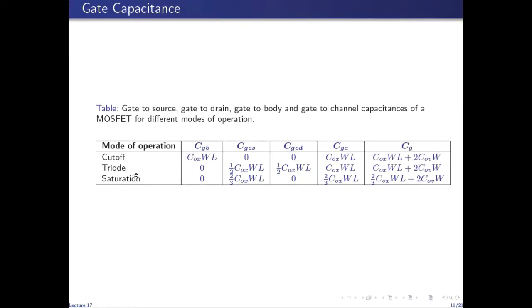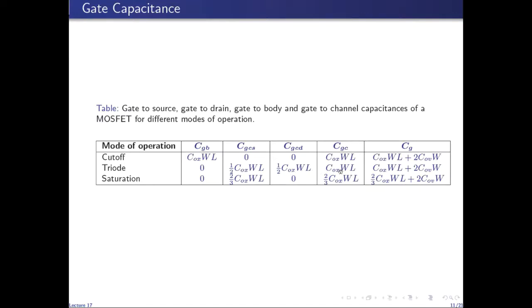In the triode mode, we have a uniform depth channel. So there is no capacitance between gate and body, because the body is isolated from the gate terminal through the channel. That uniform depth gives rise to capacitance between gate and channel, which is equally divided between gate and source and gate and drain.